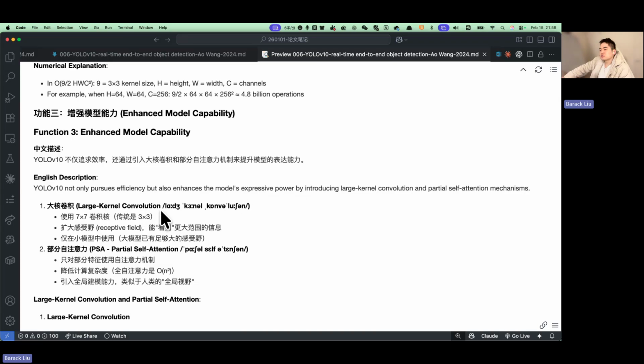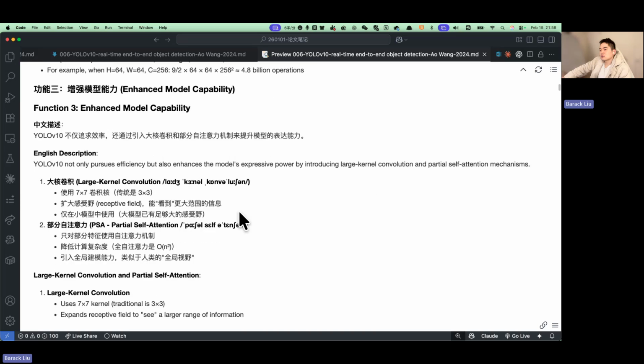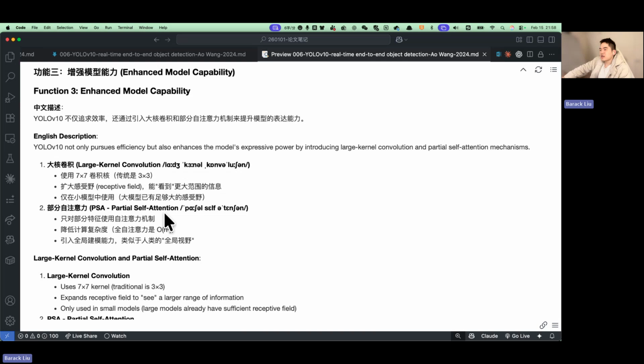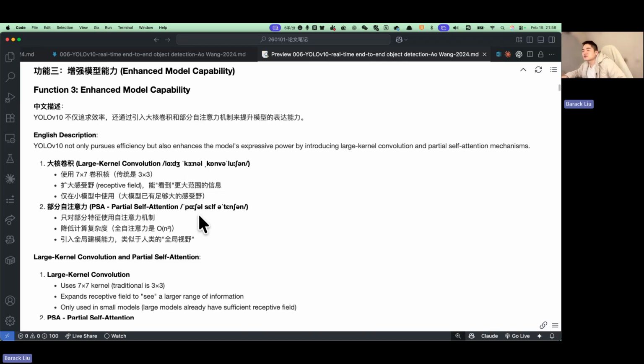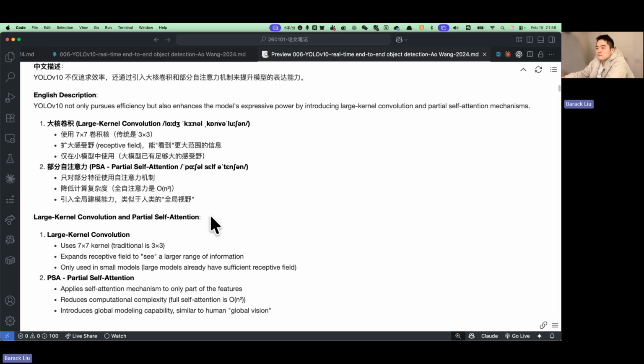Large-kernel convolution. PSA, partial self-attention. Actually, I have no idea what this terminology means.